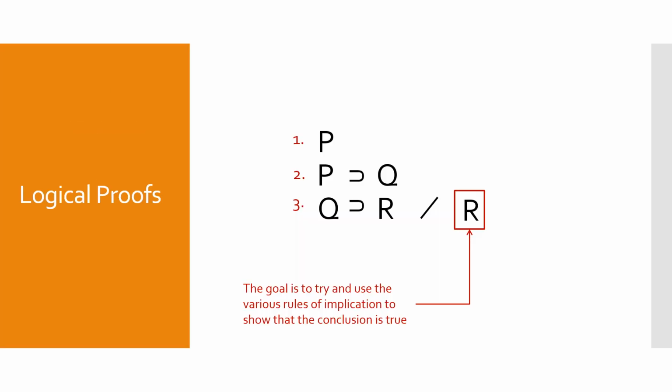Now, before we jump into this example, it's very, very important to understand what precisely your goal is in all of this when you construct a proof. The goal in the end is to construct a proof so that the very last implication that you draw is in fact the conclusion that is sitting there on the right.